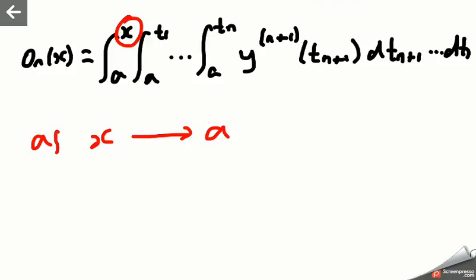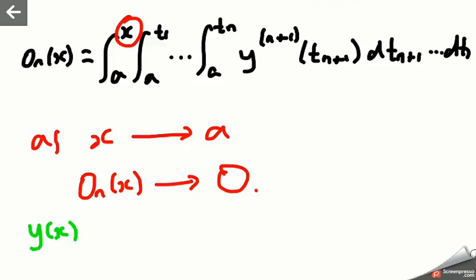And in fact, for x equals a, this thing is equal to 0, as we knew. So as x gets closer and closer to a, Rn of x gets closer and closer to 0.